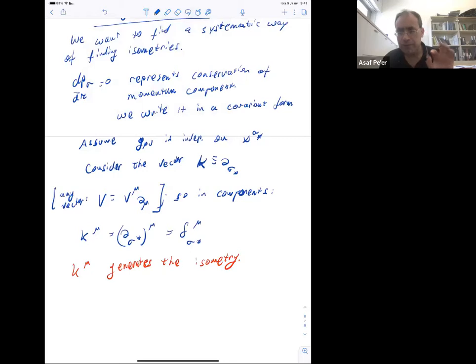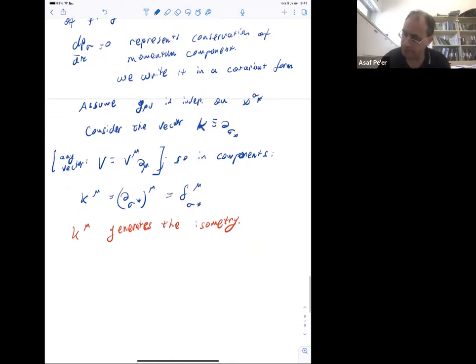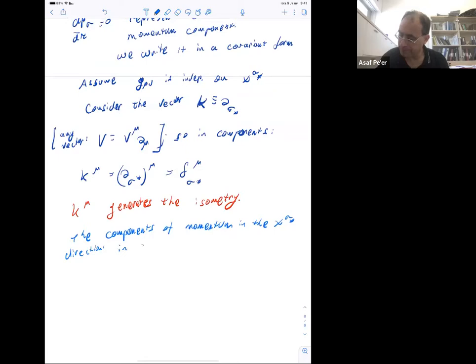Which means that, you know, if we take an infinitesimal change in the direction of k mu, the metric is going to stay invariant. Now, using this vector, we can write down the components of the momentum in the x sigma direction, in a covariant form.